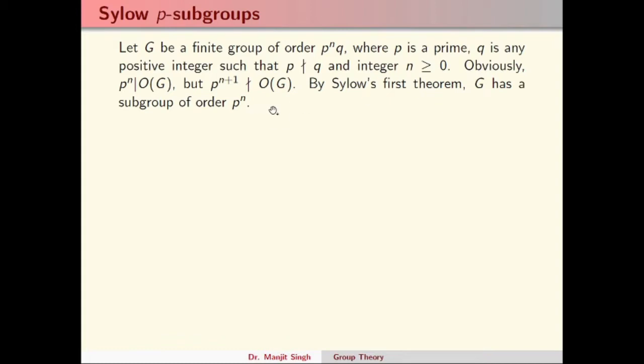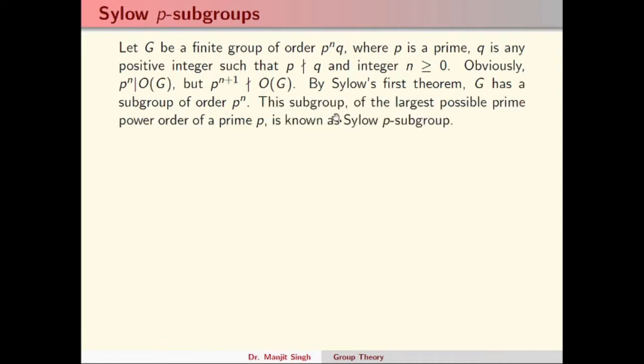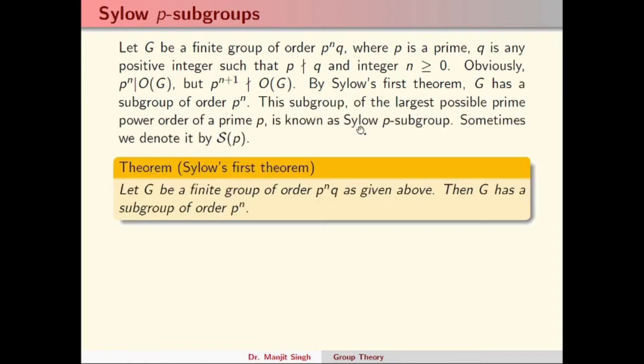And we know that the converse of Lagrange's theorem is not true in general. However, it partially holds, as we have seen in Sylow first theorem. If a prime power divides the order of G, then there exists a subgroup of that order. The largest prime power order subgroup exists in G. This subgroup, of the largest possible prime power order, is known as a Sylow P subgroup.